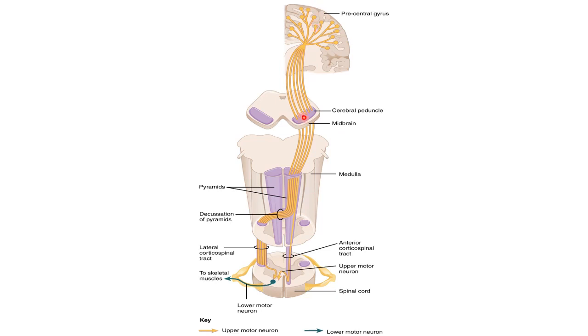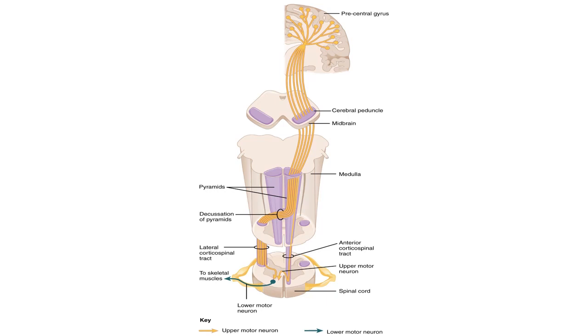The upper motor neurons are the corticospinal neurons or the pyramidal neurons from the cortex, through the brain structures to the spinal cord, until they end at the level of the spinal cord before they synapse with the interneurons or the anterior horn cells. These are called upper motor neurons. Lower motor neurons are directly from the synapse with the anterior horn cell, meaning they start from the anterior horn cell until they reach the last parts of the nerves with the muscle. These we call lower motor neurons.